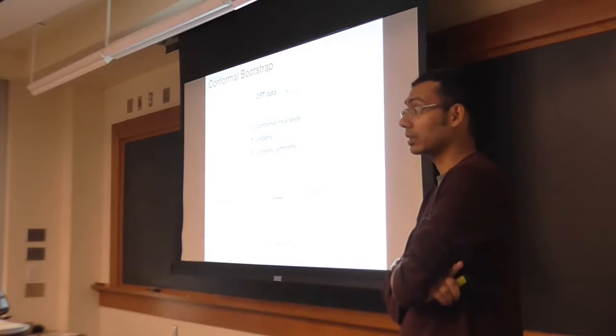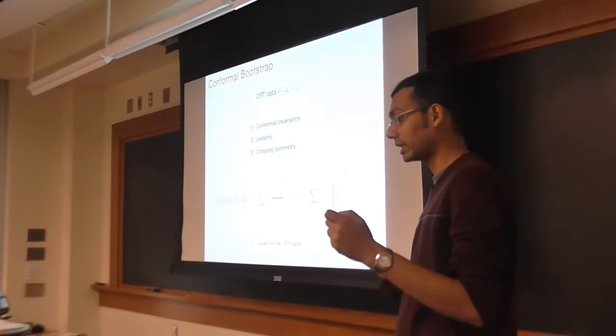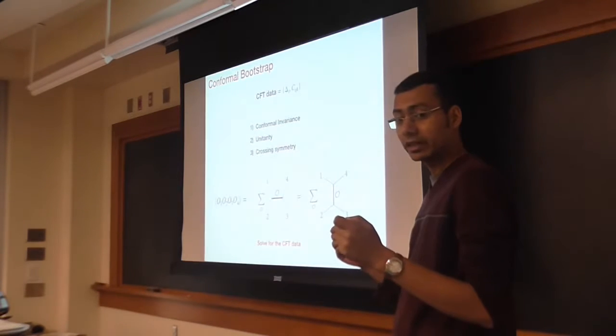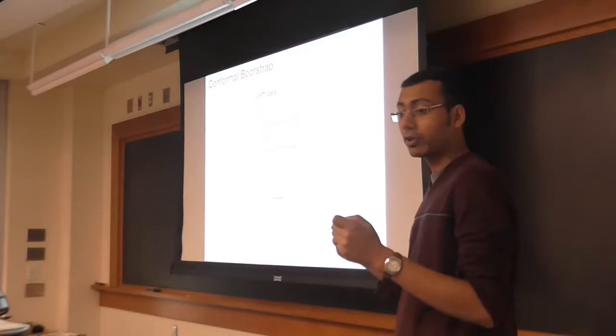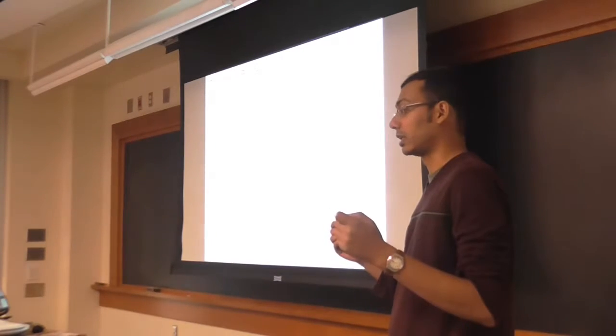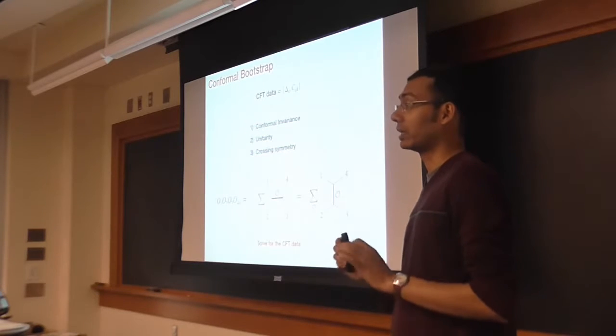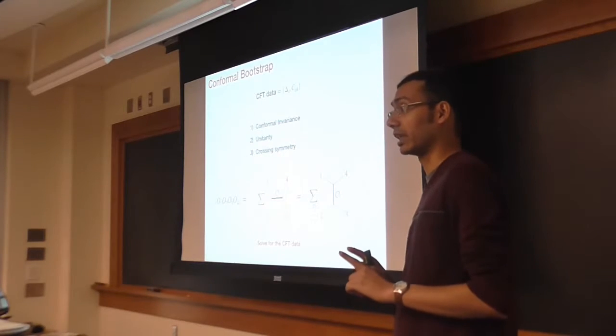So crossing symmetry basically tells you that if all your operators are space-like separated in the Lorentzian signature, it's causal. But that's a very trivial statement.